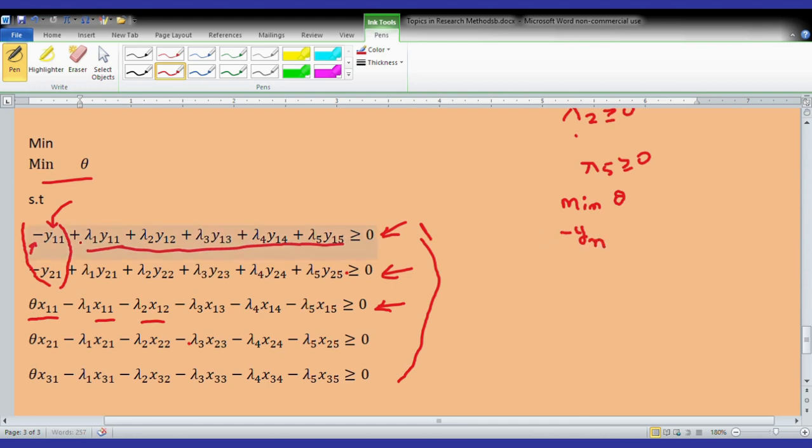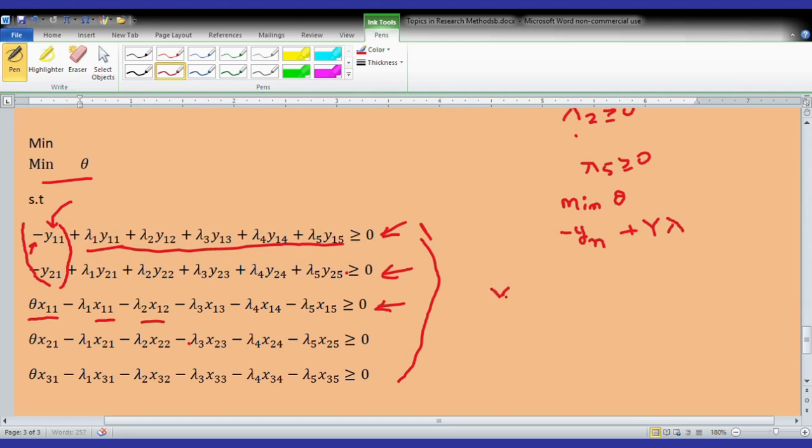And then plus I have here plus, and then see that if I write this as y, capital Y, and multiply it by lambda. So what is your y?